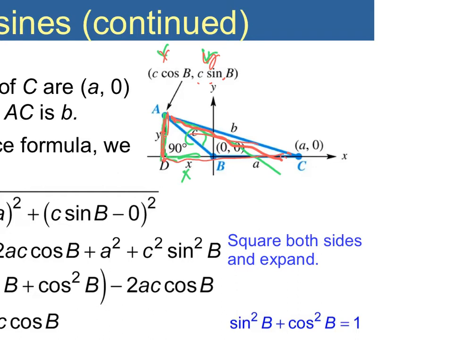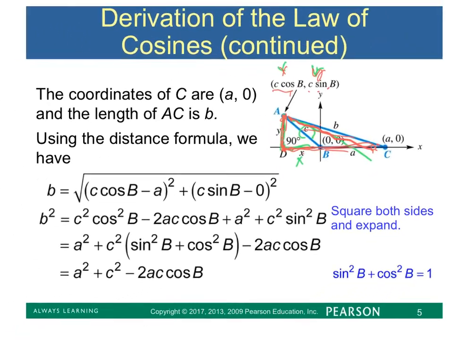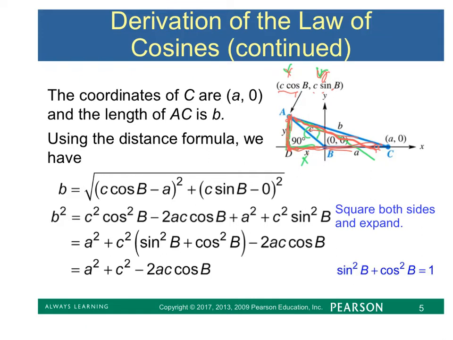The x value is this part right here, c cosine of B. This whole side is the combination of this x value here plus a. So b squared, which would be my long side of the oblique triangle, is equal to this side squared, which is c cosine of B, minus a.